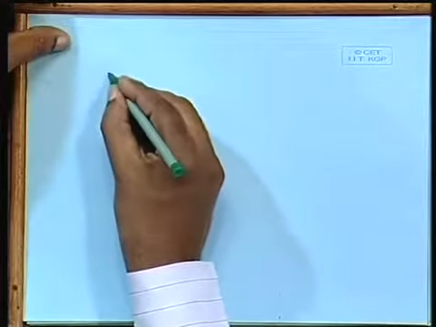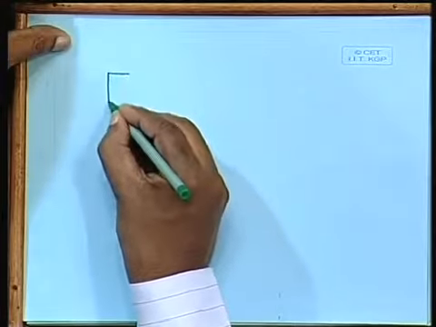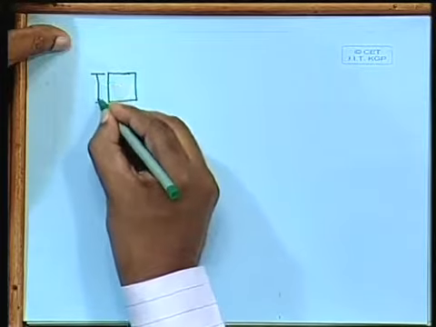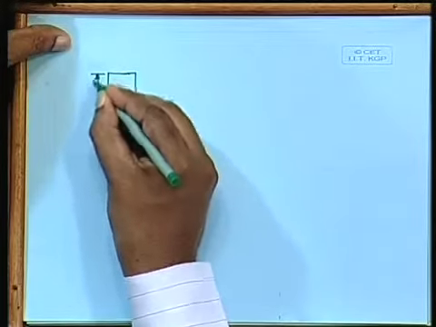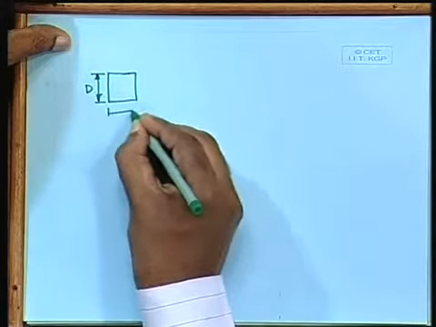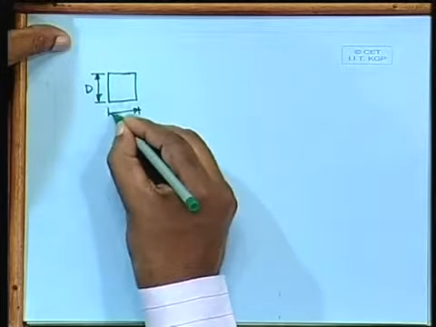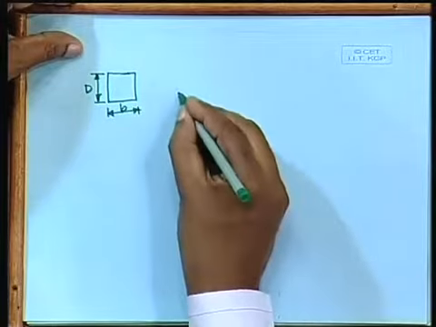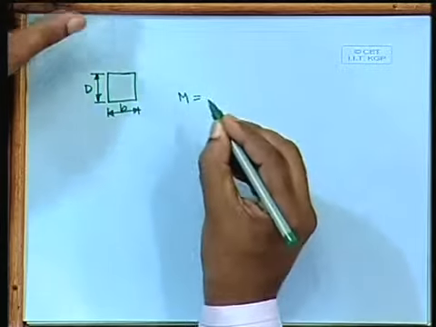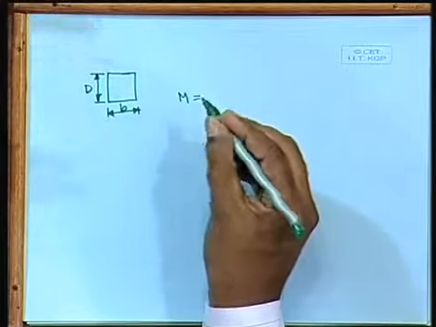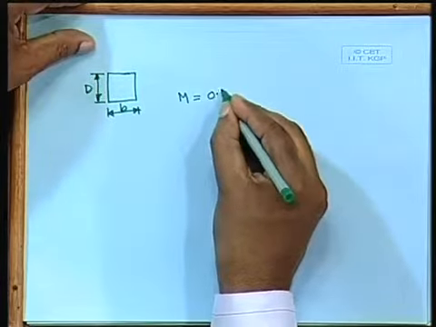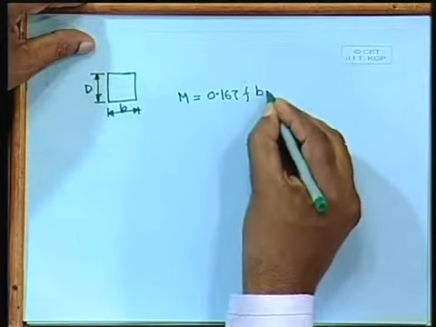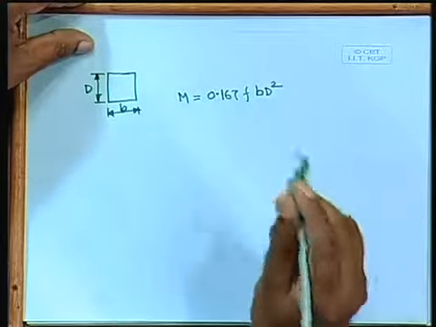Just to recapitulate once more in this particular diagram, I repeat once more, D and B, and we have found M equal to the moment of resistance, which we can also consider 0.167 f b d square.